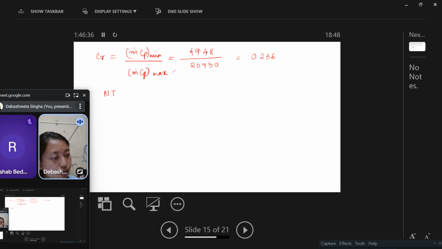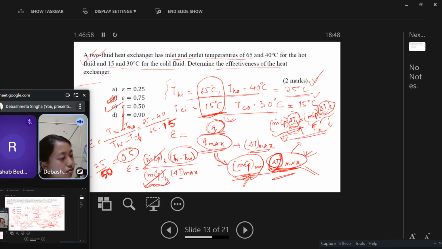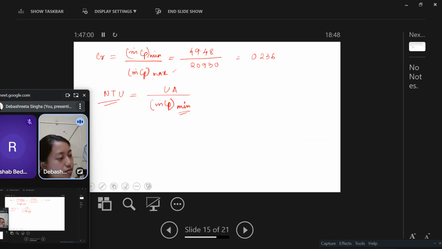So the number of transfer units you need. I have not written the formula, but in class it is already written. NTU is the number of transfer units, given by UA divided by m dot Cp min. These are all related to the min and max concept.